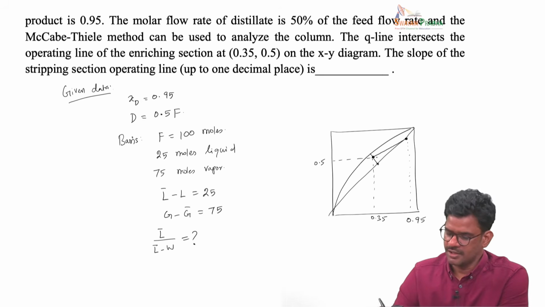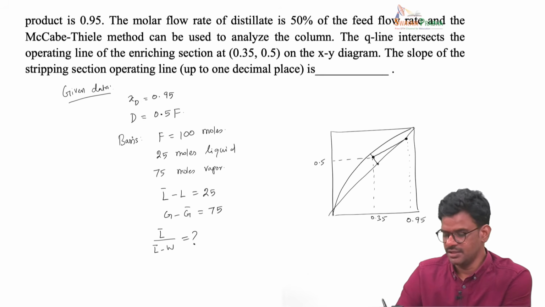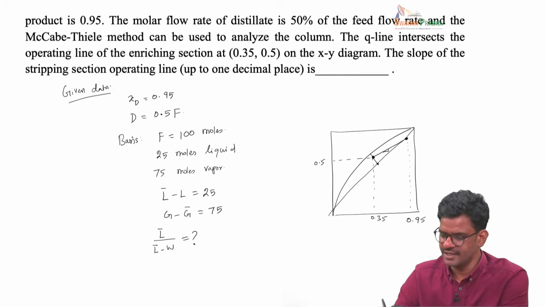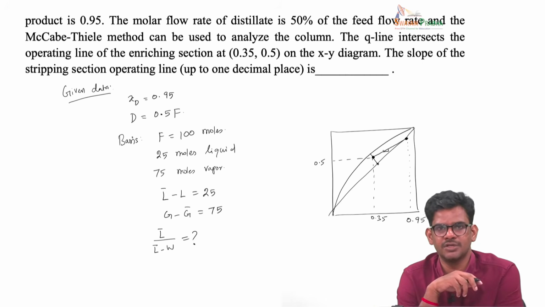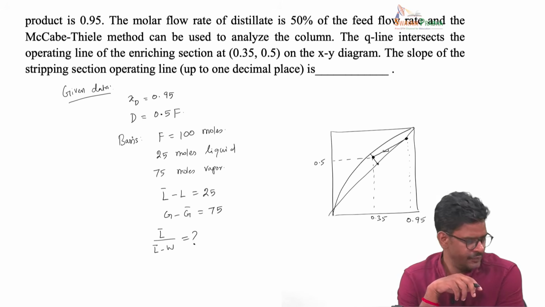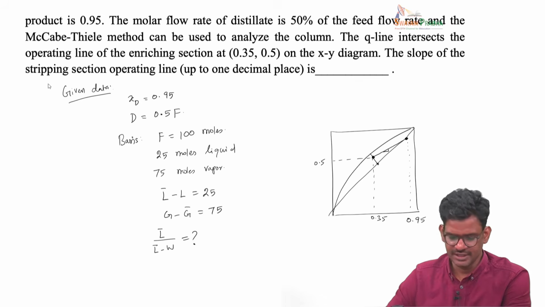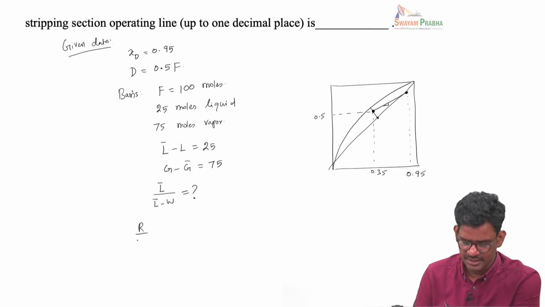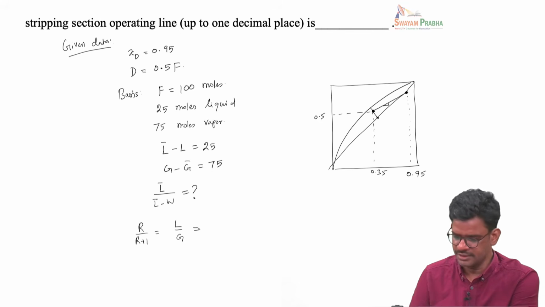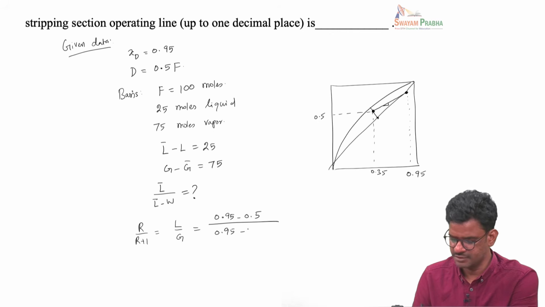So, since we know that the enriching line and the Q line are intersecting at this particular 0.35 and 0.5, and the other point is at 0.95 and 0.5, we can find out the slope of this enriching line, and this slope of the enriching line is given by R by R plus 1, and this is also equal to L by G. The slope of this line is 0.95 minus 0.5 divided by 0.95 minus 0.35, and you get something like 0.75.